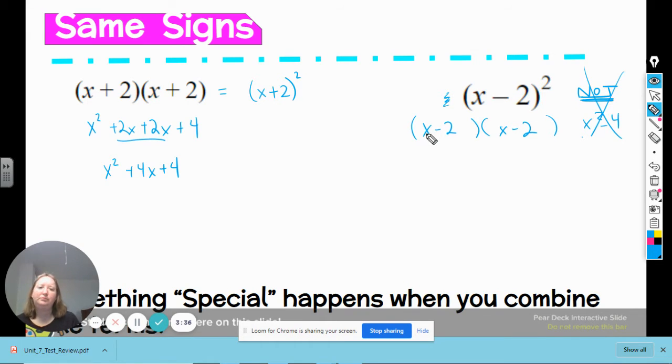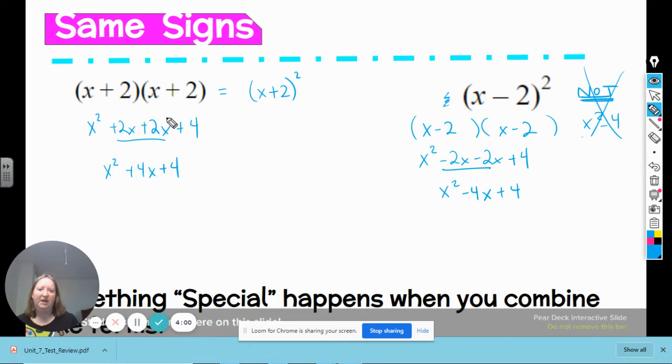All right, x times x is x squared. X times negative 2 is negative 2x. Negative 2 times x is negative 2x again. And then negative 2 times negative 2 is positive 4. And we combine these: x squared minus 4x plus 4. So that's interesting.